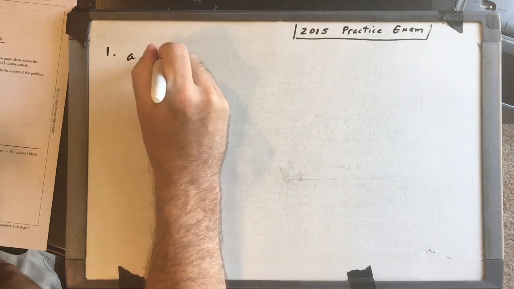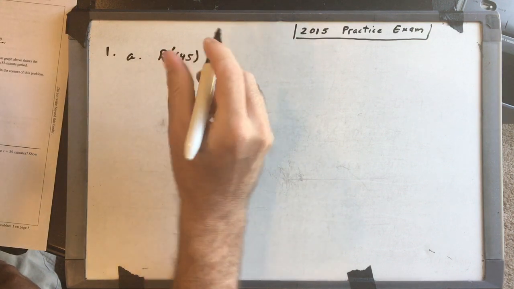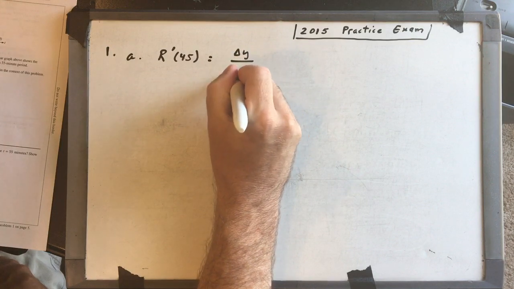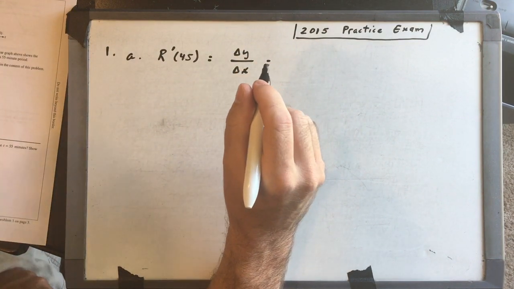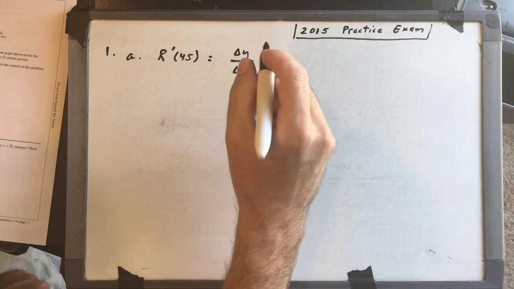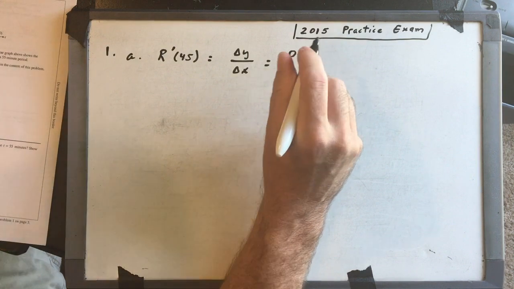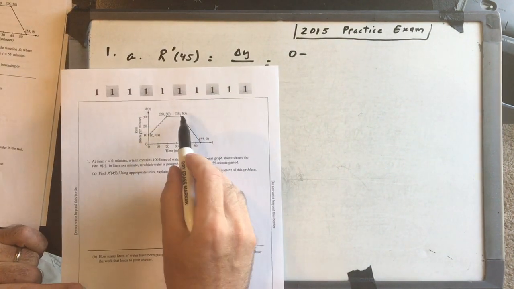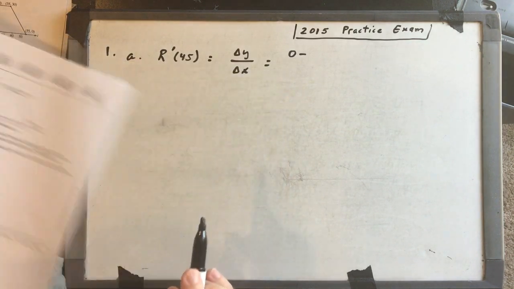So part A, R prime of 45 is equal to the change in Y over the change in X. Okay, so just looking at the graph, y ends up at 0, so y2 is 0. y1 here is 30. So we're just getting the slope of that line.